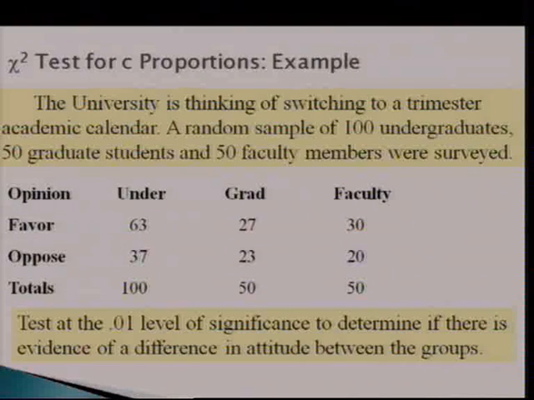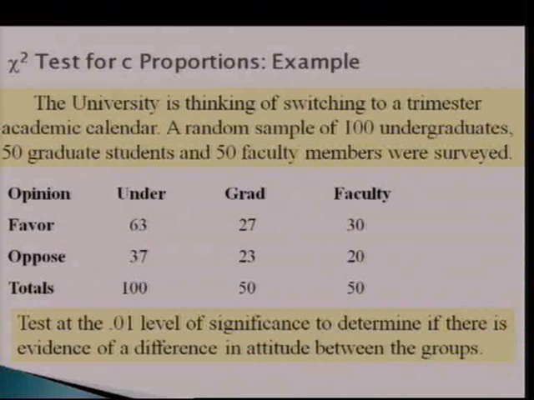So we have recorded the numbers. The first column represents the opinion, favor and opposed. From the undergraduate students, 63 favor and 37 opposed; from the graduate students it is 27 and 23; and for faculty it is 30 and 20.